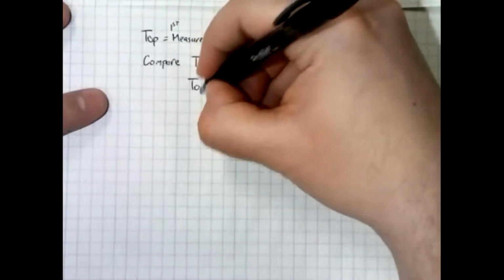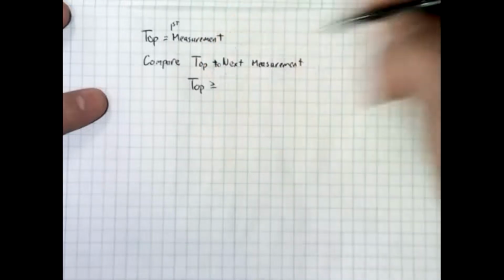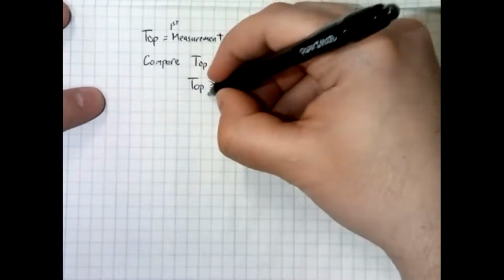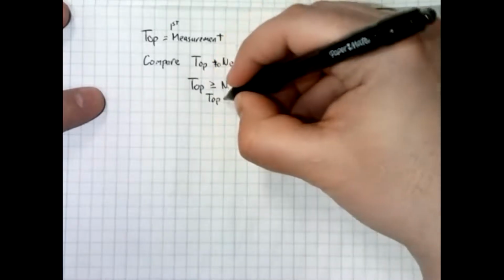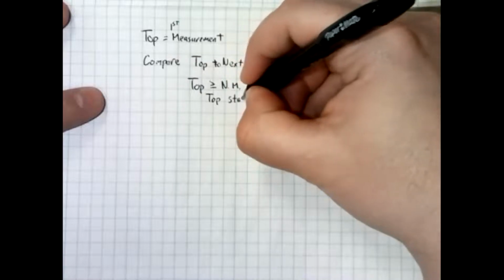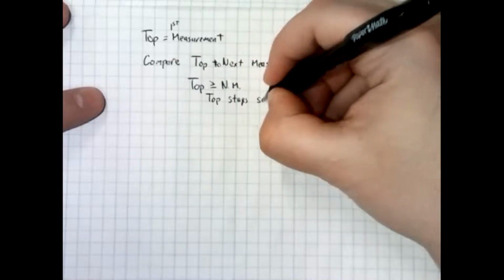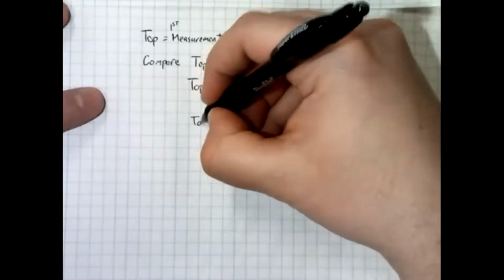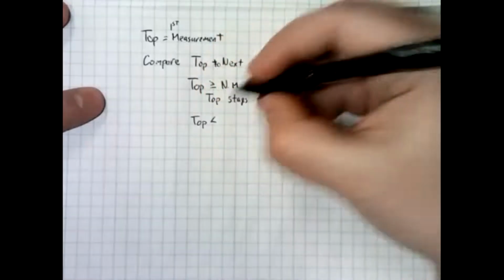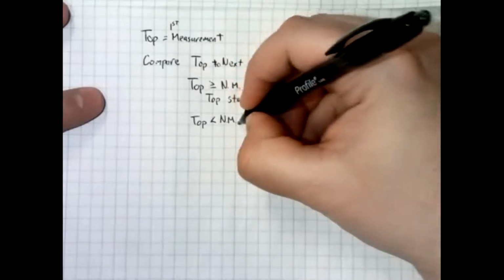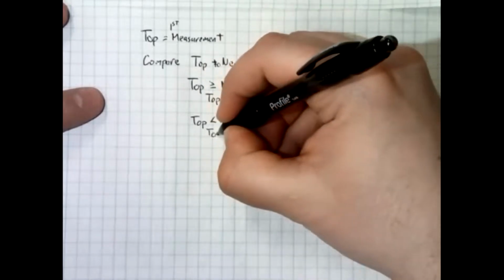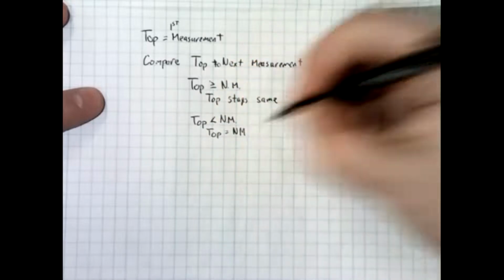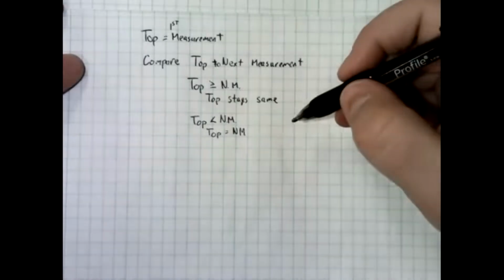If the top is greater than or equal to that next measurement, then we just leave the top alone. If this top happens to be less than that next measurement, then we need to reset this top to whatever that next measurement or the new measurement is.